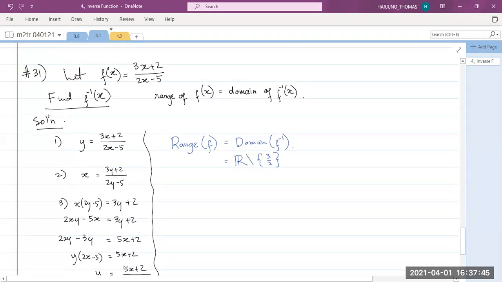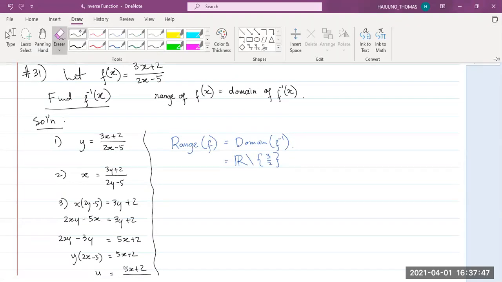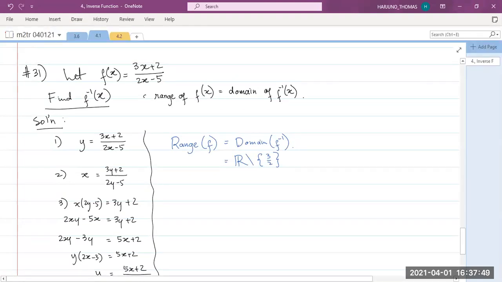Now, suppose another follow-up question. So that's all part A. How about find the y-intercept of the graph of the inverse function?